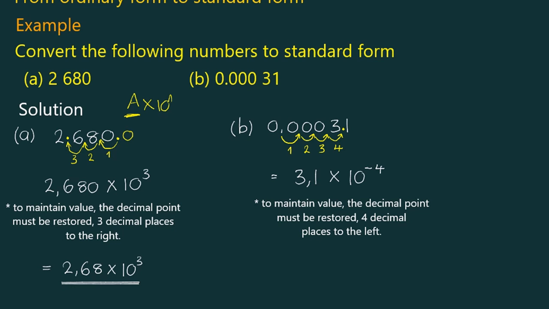Since I had moved it 4 decimal places to the right, I have to move it back 4 decimal places to the left, and that is by multiplying by 10 to the power of negative 4. So now my figure is in standard form. My solution is 3.1 times 10 to the power of negative 4. That is the value of 0.00031 in standard form.